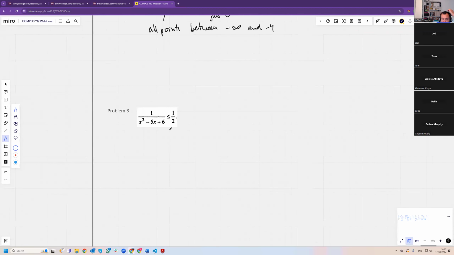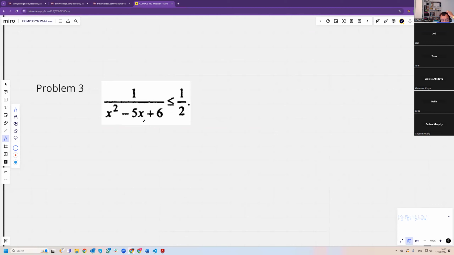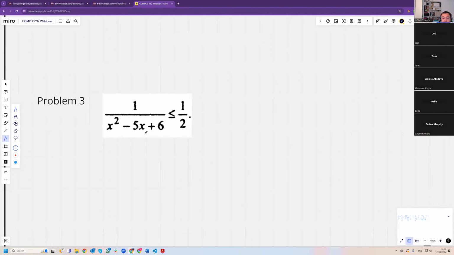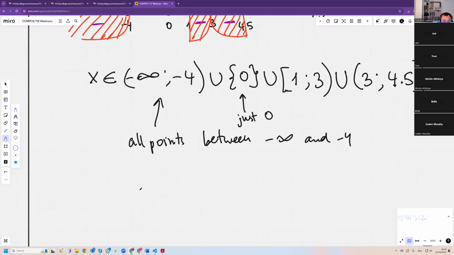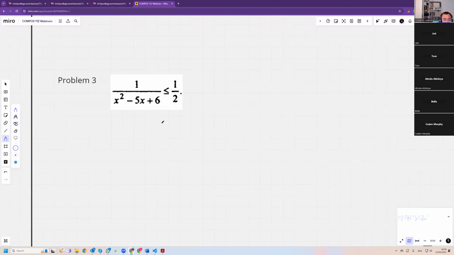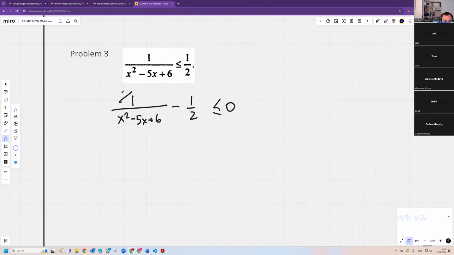All right. If you see something like this, don't be alarmed. It doesn't look like the previous one, but we can make it look like the previous one. So all we need to do is to modify it. 1 divided by x squared minus 5x plus 6 minus 1/2 is less than or equal to 0. So we multiply this by 2, we multiply this by x squared minus 5x plus 6.